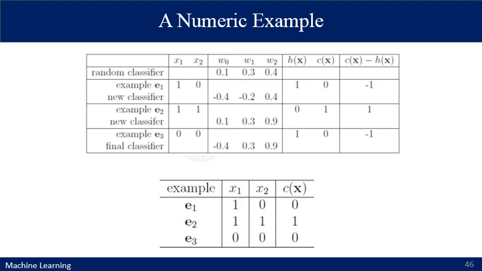So again, here is the explanation of the numerical example. As you encounter the first example, you had three weights specified: 0.1, 0.3 and 0.4. You have the prediction and the actual value, and the difference between them. The prediction was 1, the actual was 0, the difference is -1, therefore the weights should decrease for example 2.